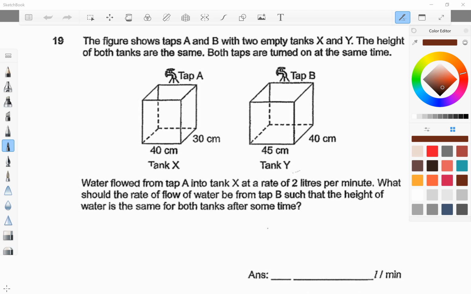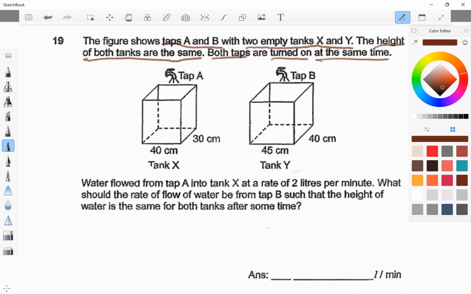So the figure shows taps A and B with two empty tanks, X and Y. It is said that the height of both tanks are the same, so both taps turn on at the same time. For a question like this, the only thing that's different is actually the base area.